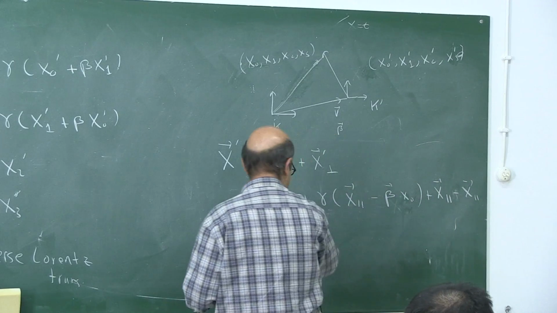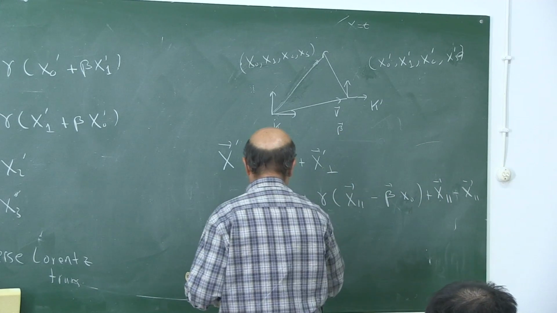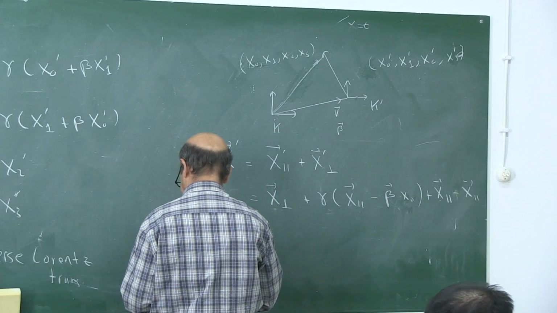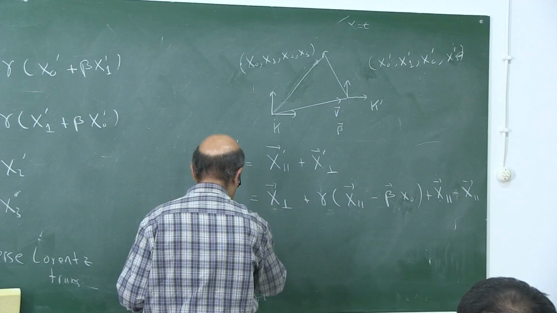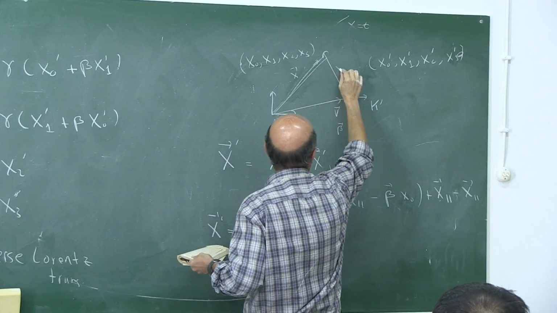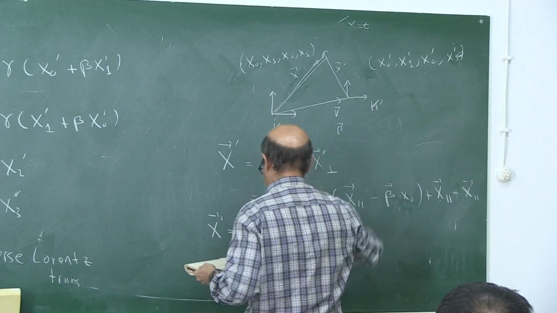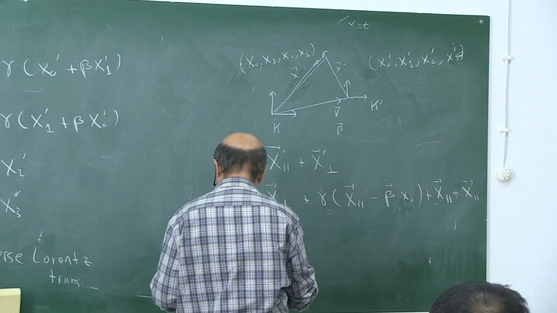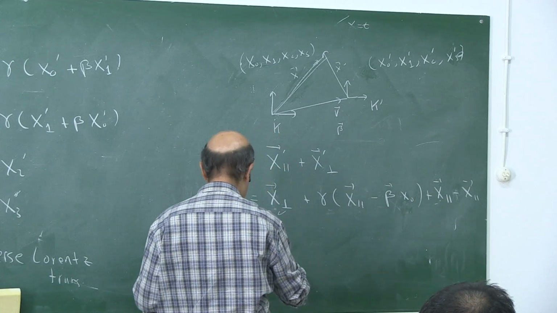So these two will be x, the x prime will be what? This is the x as seen here, and this is the x prime as seen from the K prime frame. So these two will be x.